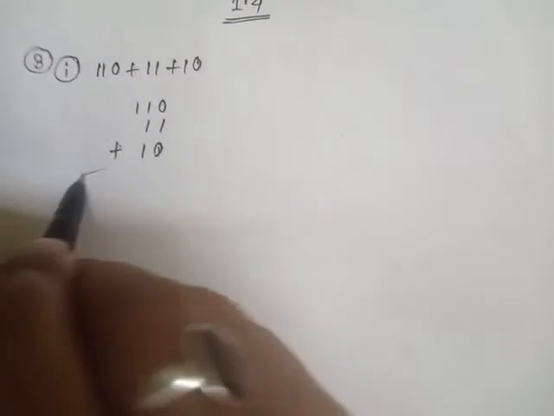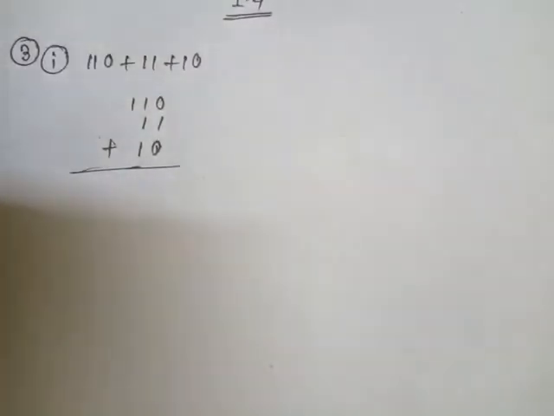Now I am going to add all this. Before starting the addition, students, in my last video I have already shown that 1 plus 1 is 10. 10 means in binary it is 10, but 1 plus 1 in decimal is 2.